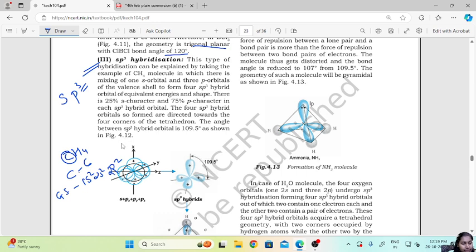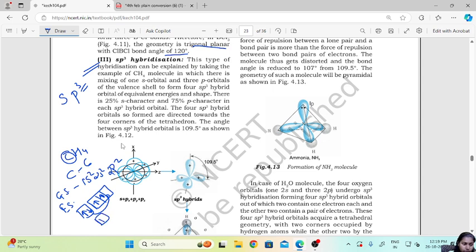Now, in the excited state, what will happen? The 1s will remain like that only. From 2s, one electron will be shifted to 2p.